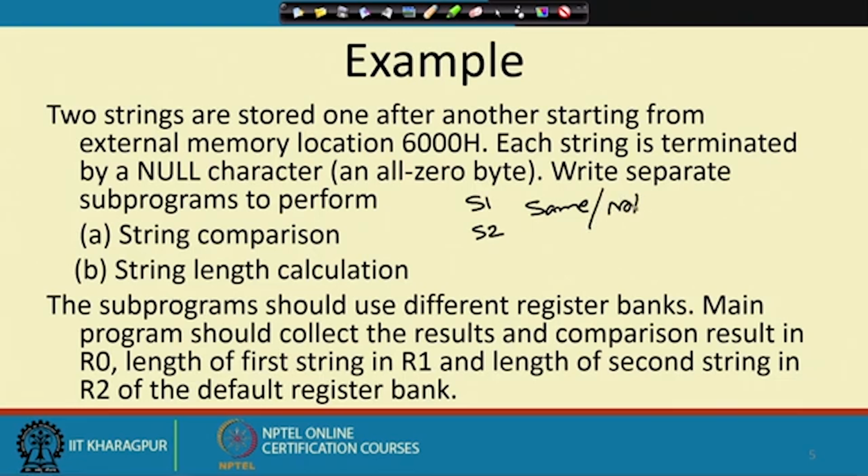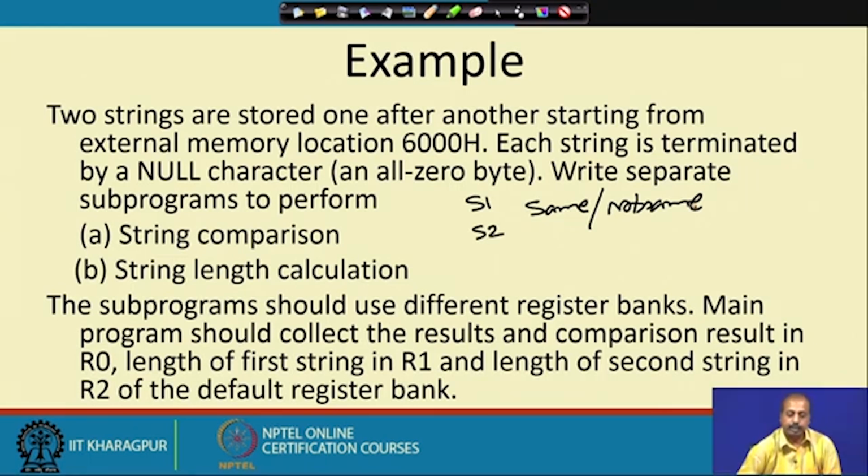It is not finding greater than or less than relationship. It just checks for equality, whether the strings are exactly the same or different. If the strings are different, it will put some value into some register.